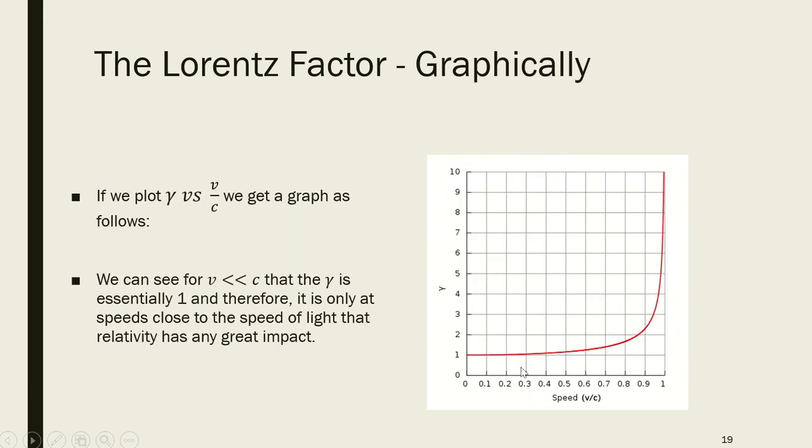Now, graphically, this is a graph of the ratio between speed and the speed of light. So if this is 1, it means that it's c over c, so we're traveling at the speed of light here. At 0.1 the speed of light, the Lorentz factor is 1, so basically there's no time dilation.